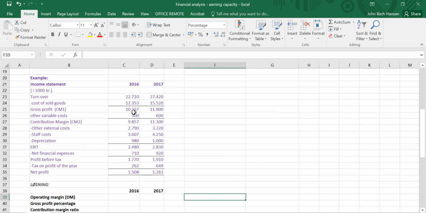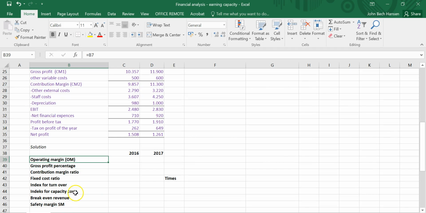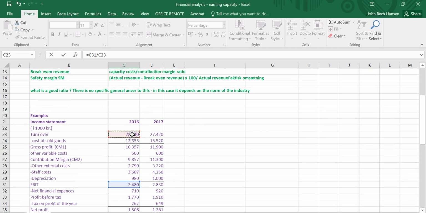Okay, so I'll just change this here to solution. Let's calculate the numbers now. The operating margin, the king of earning capacity analysis, is showing us what is the EBIT in percentage of the turnover.